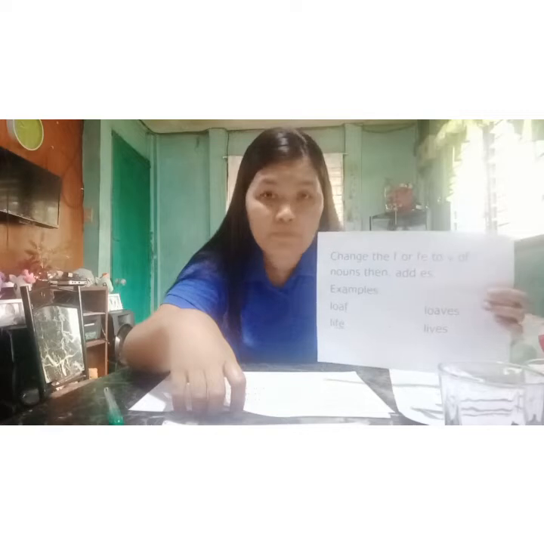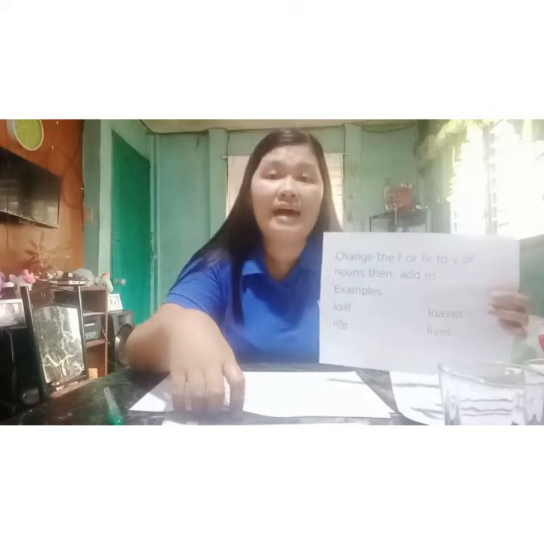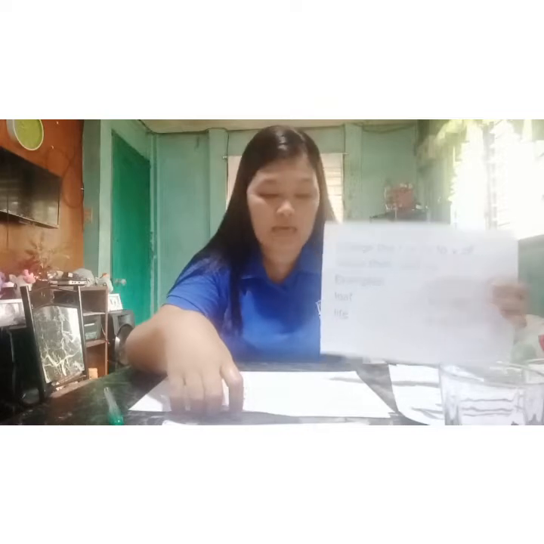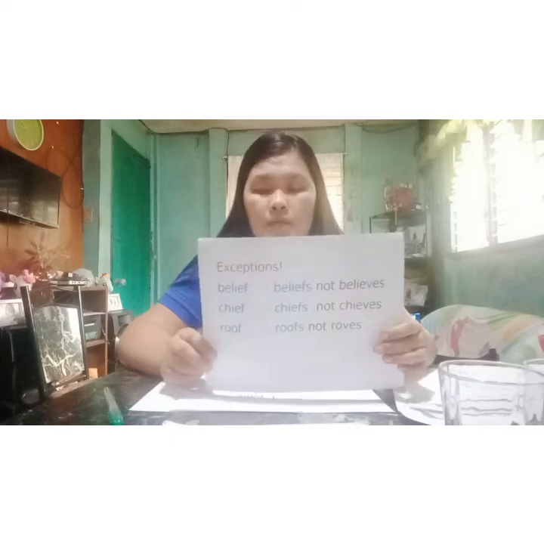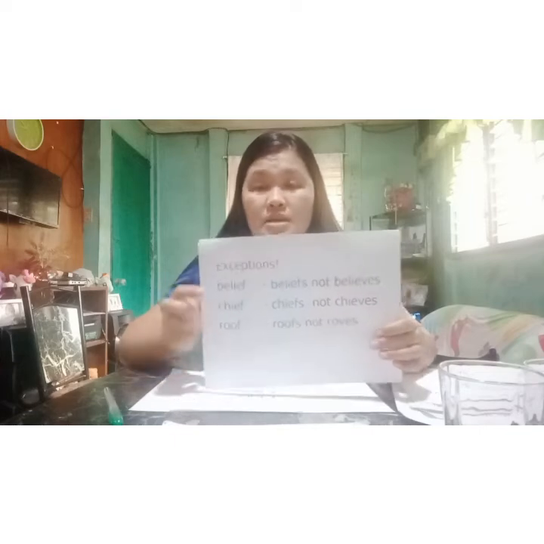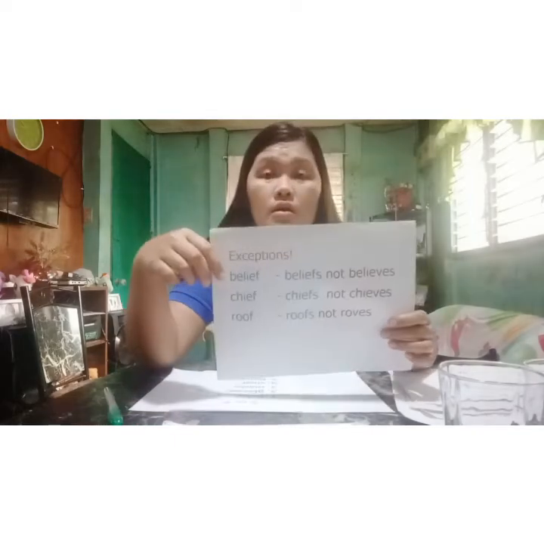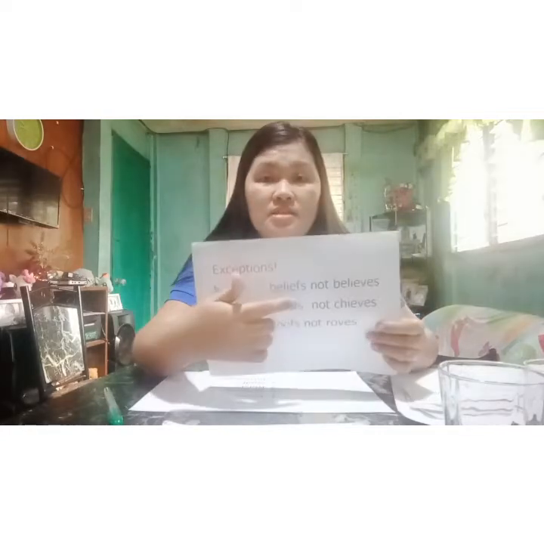But there are exceptions to this rule. Not all words ending with F or FE will be changed to V, then add ES. One of the exceptions is belief. The plural is beliefs, not believes.